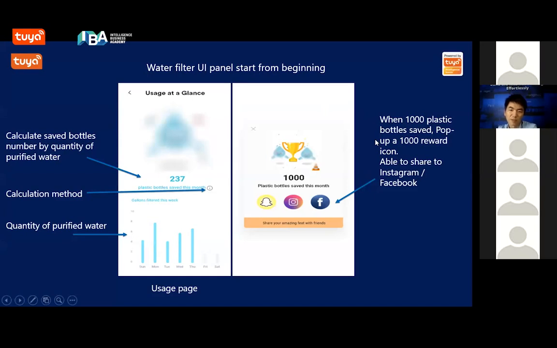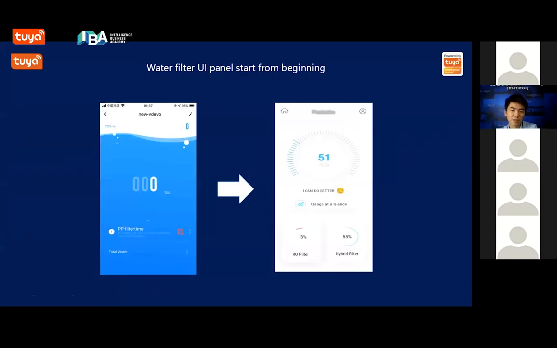If 1,000 plastic bottles are saved, there's a reward page here, a pop-up, so you can share it to Instagram, to Facebook with your friends to tell them the joyful news. This is a brand new feature. So you can see this is the original one, and this is a totally different customized UI page.